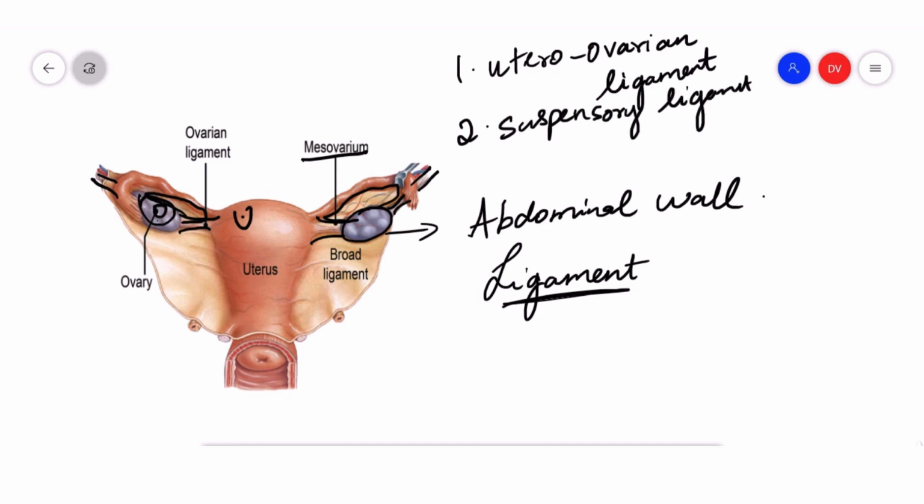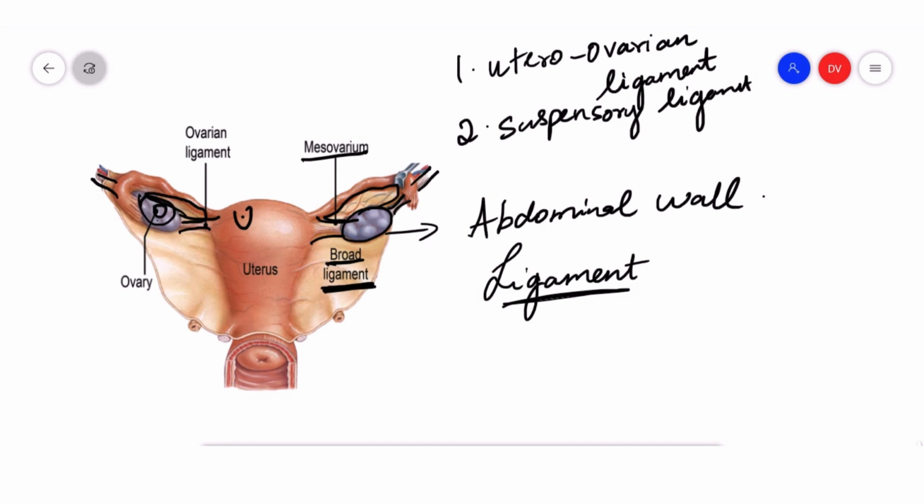You can see the ligaments even extending to that side of the ovary. That is the suspensory ligament. And how is the whole of the uterus attached to the abdominal wall? With the help of a very big ligament called the broad ligament. Can you see that, guys? Yes, the broad ligament pushes itself to the pelvic region and attaches it to the abdominal wall. Understanding, guys? This is the basic support system there.